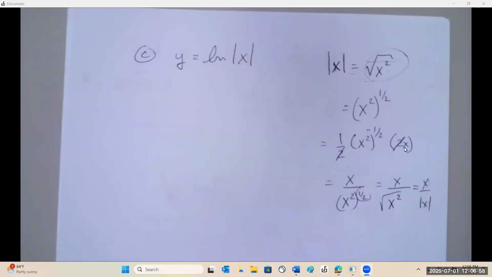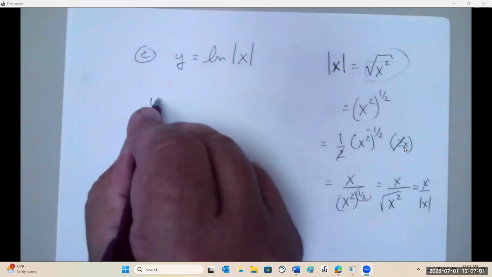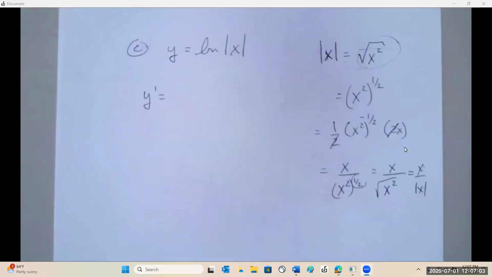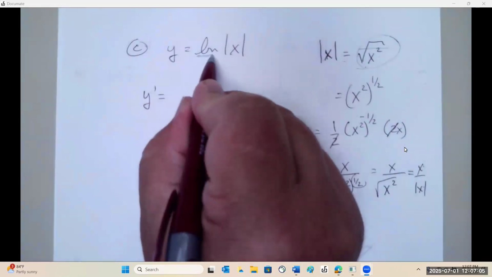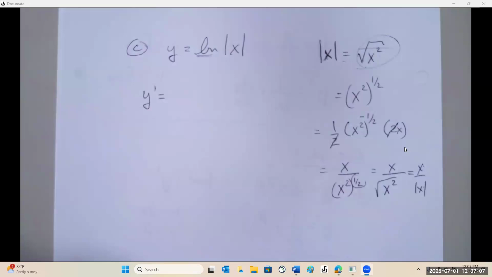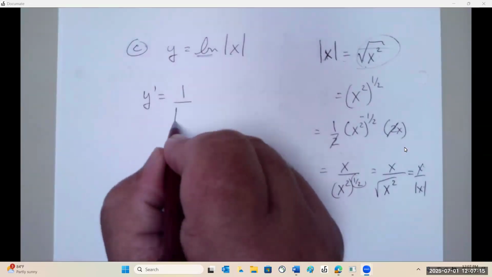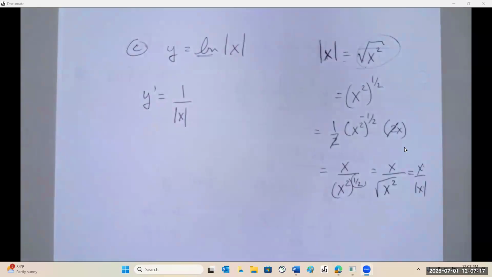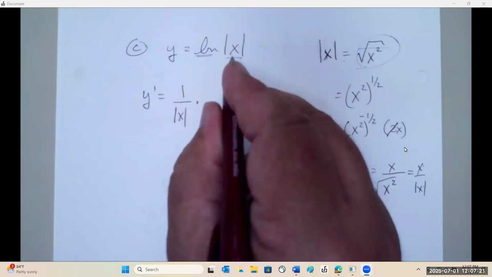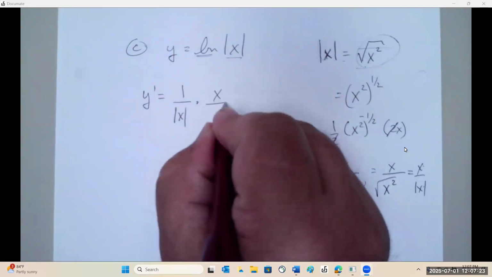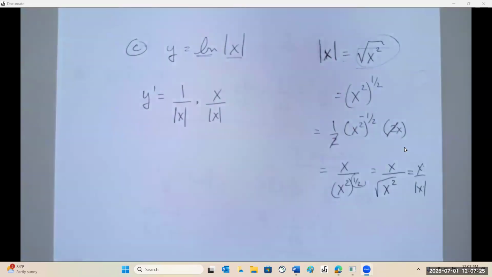That side note was important because for us to find our derivative, what's the derivative of ln? 1 over absolute value of x. It's 1 over u, times the derivative of this, which is x over absolute value of x.